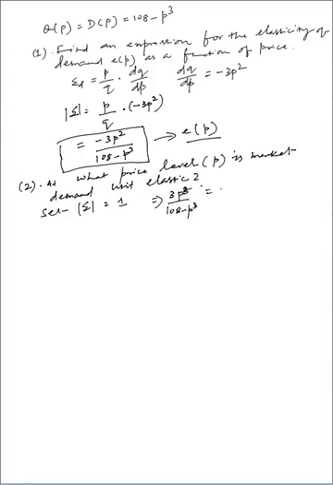So 3pq equals to 108 minus pq, which will be 4pq equals to 108, and pq will be 27 and p will be 3.